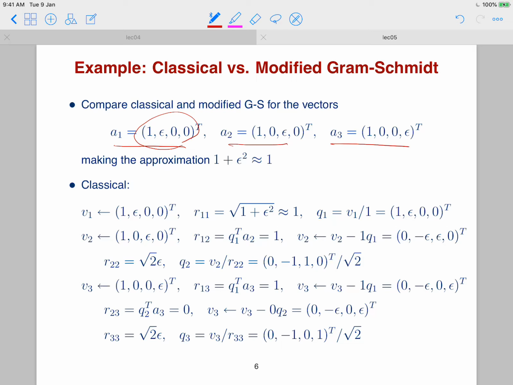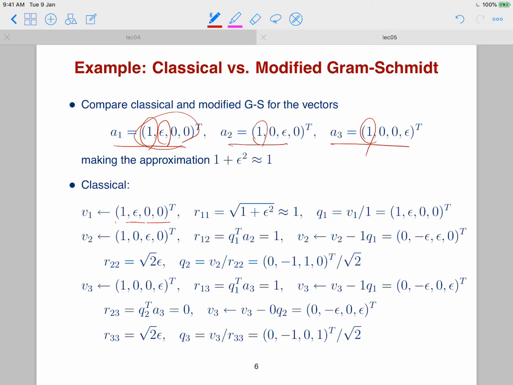They all have one in the first dimension, and in each of the remaining dimensions they have a really small value of epsilon. In this case, let's compute the classical way of Gram-Schmidt.